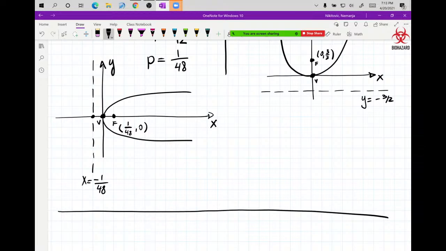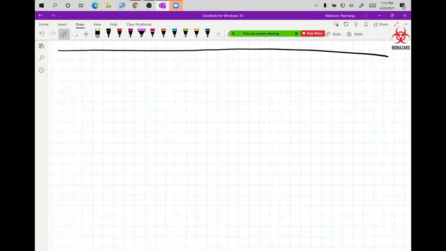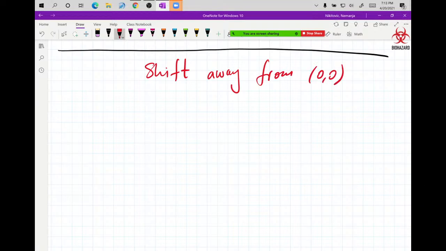Now let's shift this, and that will be it. So if you shift the parabola, shifts away from (0, 0), so we are introducing h and k now.